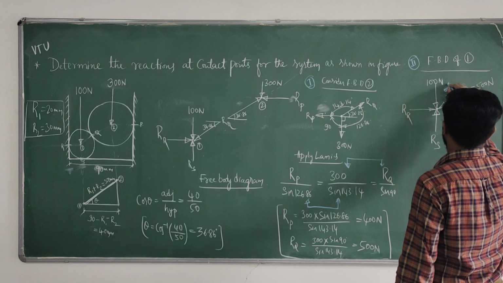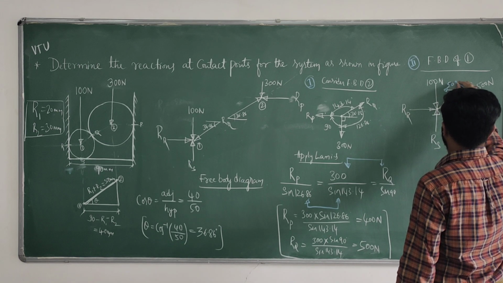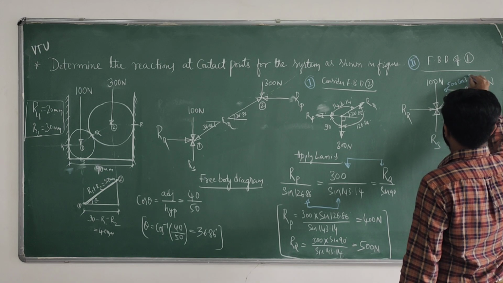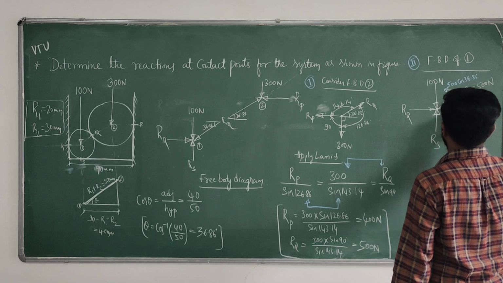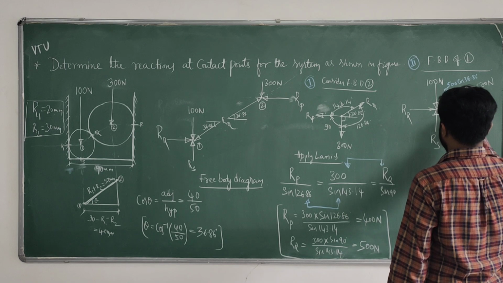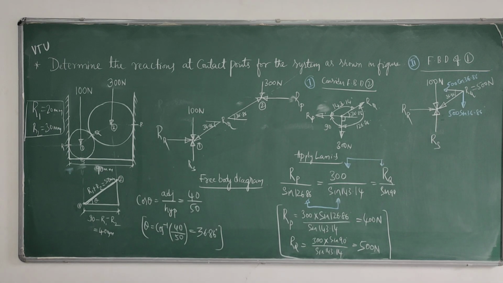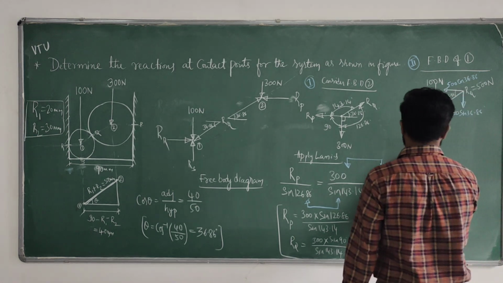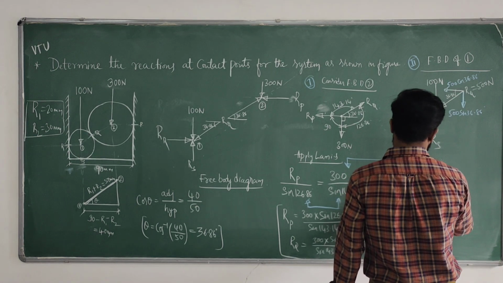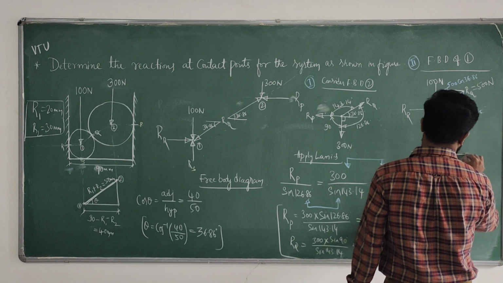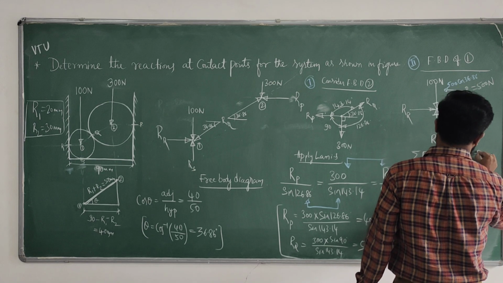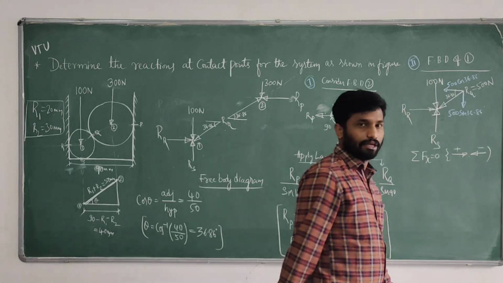So you are having 500 cos 36.86 and 500 sin 36.86. Now apply equations of statics. Sigma Fx equals 0. Sign convention: right side forces are positive and left side forces are negative.